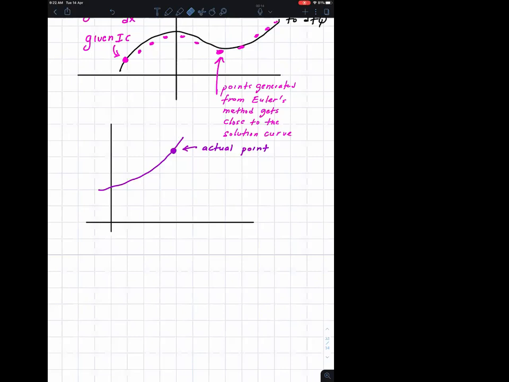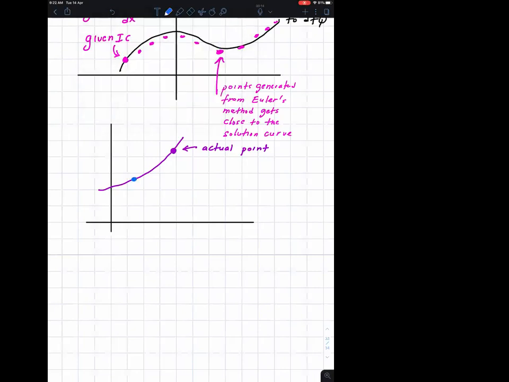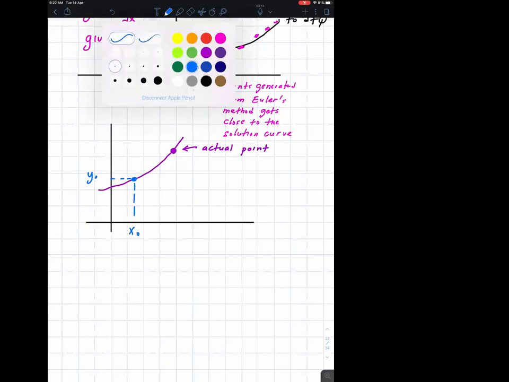The way you do it is, provided you are given an initial condition, an initial point. And then what you do, you try to draw a tangent line.